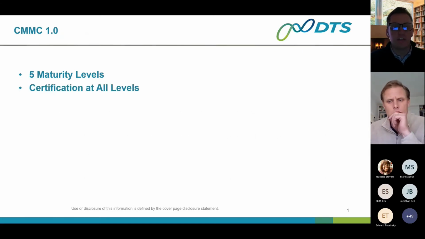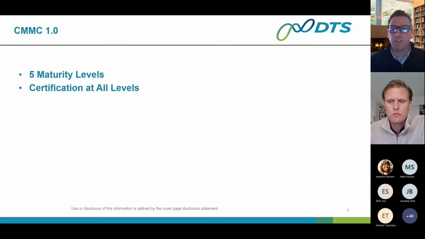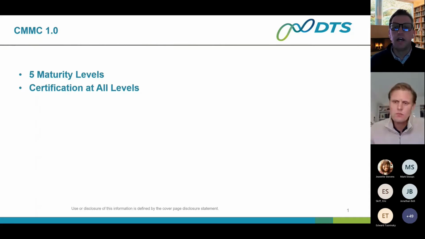Next, every maturity level was going to require certification. So 1, 2, 3, 4, and 5, every organization in the DIB over the course of the 5-year rollout of the program would have to be certified by a third-party assessment organization that had been vetted and certified itself at the highest maturity level that it would be conducting assessments at by the CMMC accreditation body.